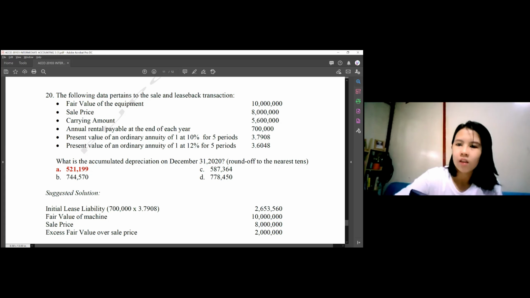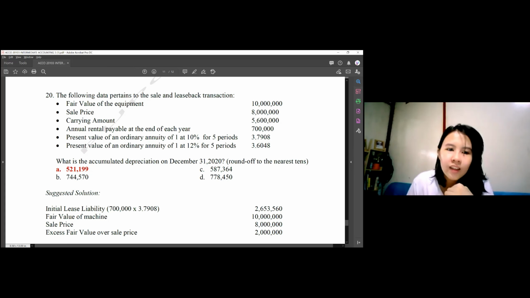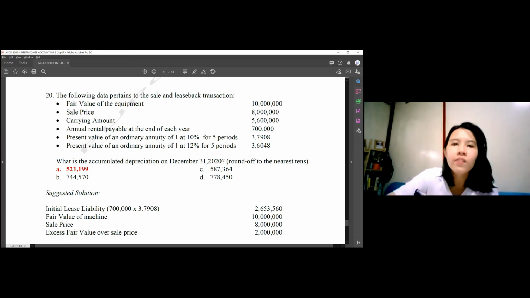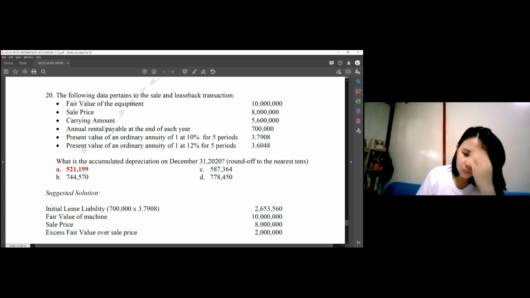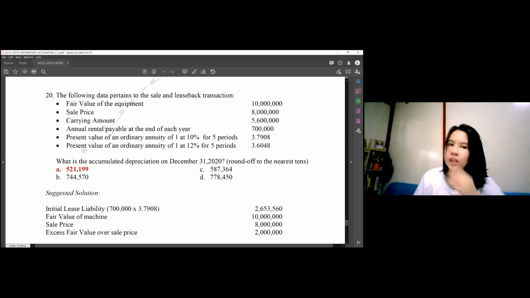Okay. So we'll get the accumulated depreciation by dividing that to 5 years, of course. So I don't think na mentioned yung 5 years. I don't know. Because of the periods, yes. Ayan. So we'll divide it by 5 and then we'll get 521,199.